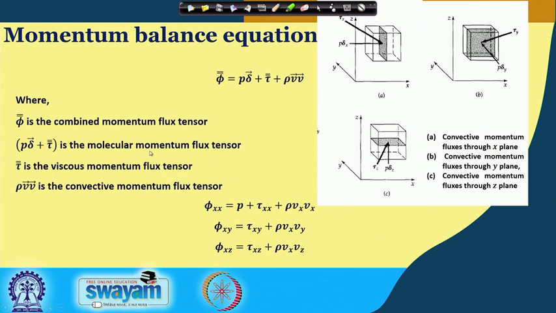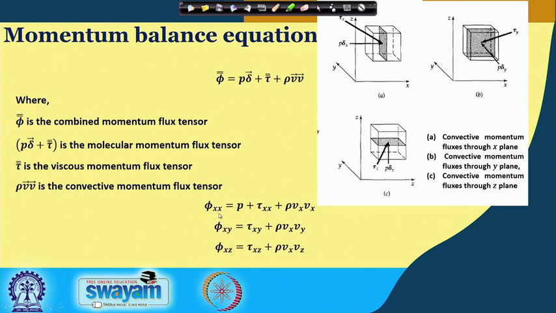So, here you can see that, as I told you in the last lecture, this total momentum flux is due to the molecular transport and due to the convective transport. In the molecular transport, we have the viscous transport and also the contribution due to the pressure, and the convective transport is due to the motion of the fluid, and we will have these different components of this tensor.